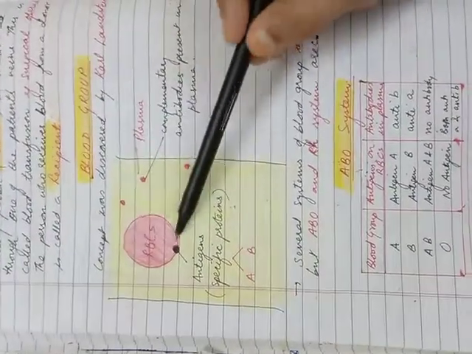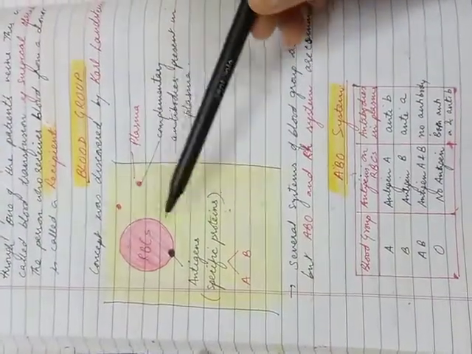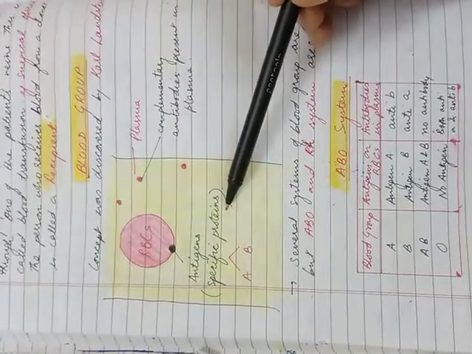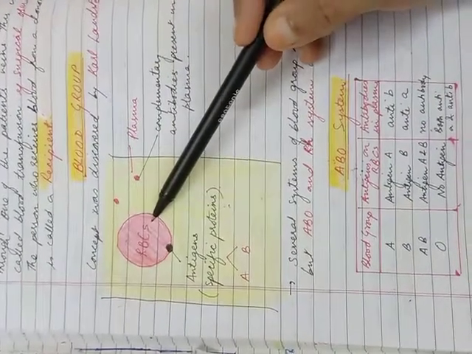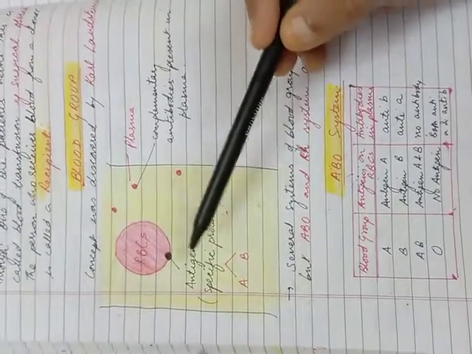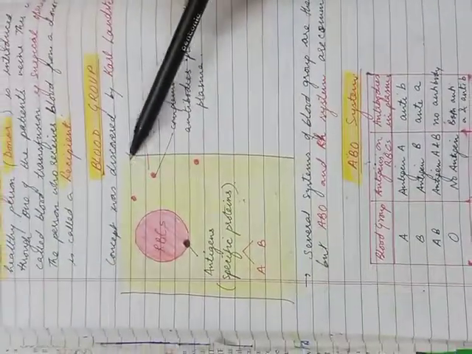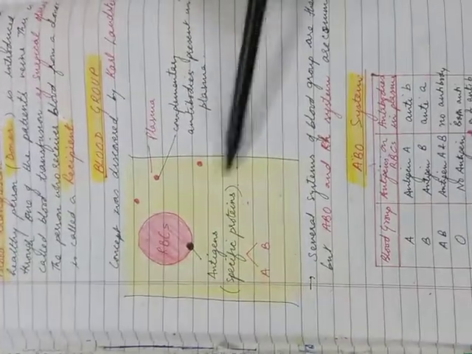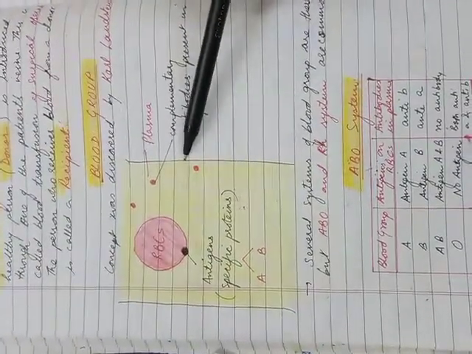RBCs of human beings have specific proteins on the surface of RBCs, and we call them antigens. On the other side, the plasma of the blood has the complementary antibodies.